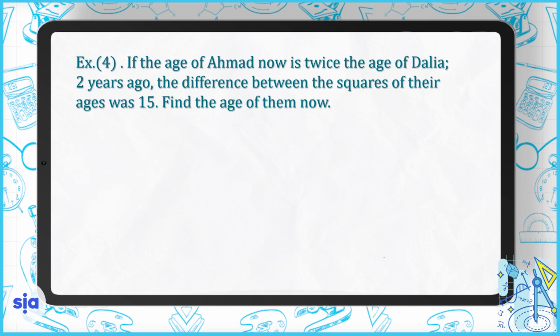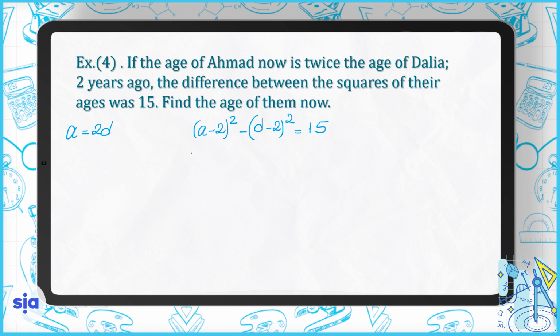Exercise number 4. If the age of Ahmed now is twice the age of Dalia, so here Ahmed is 2 times Dalia. 2 years ago: when we say 2 years ago, this means we're going to go backward 2, we're going to reduce 2. So a minus 2, right? Yes. The difference between the squares of their ages, so a minus 2 squared minus d minus 2 squared is equal to 15.